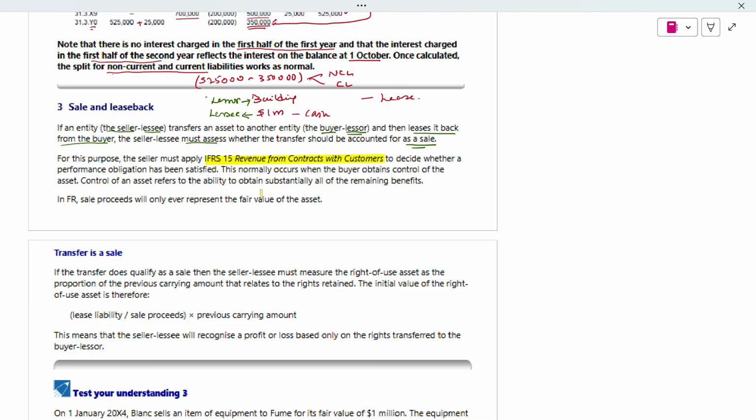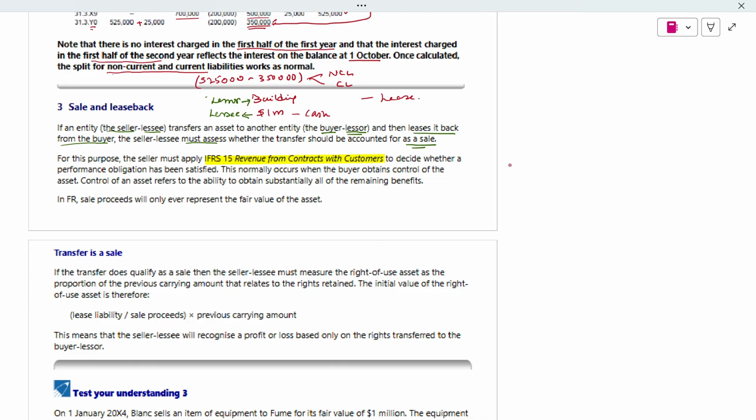Whether the control is transferred or not, we have to be very specific on that. If control is transferred, it is a sale. If control is not transferred, it is not a sale. The judgment will be there on this. Very simple, very specific. Where there is a difficulty, I will tell you.